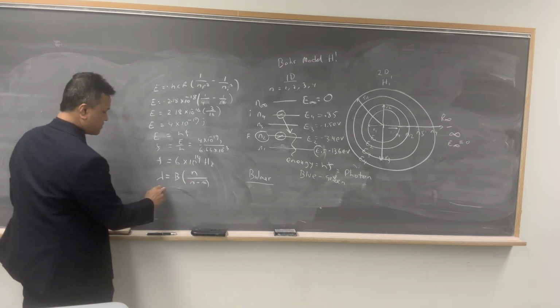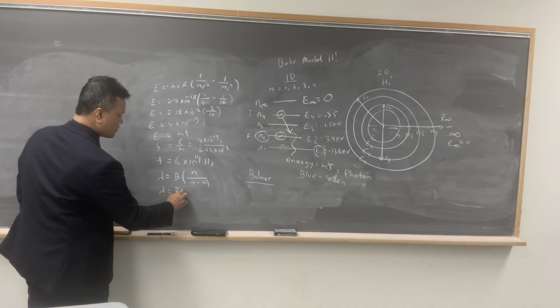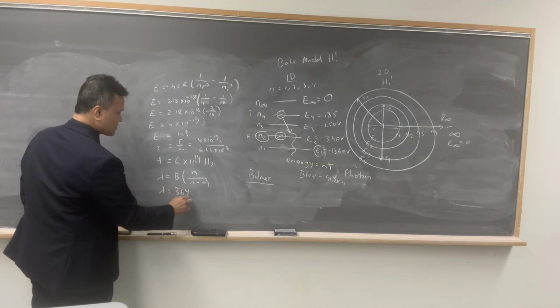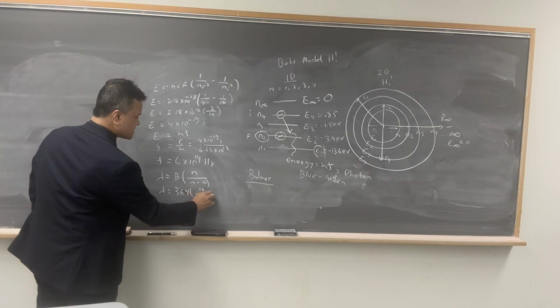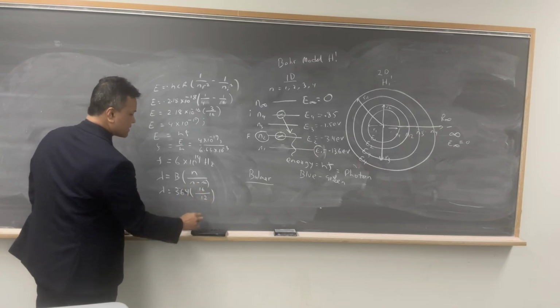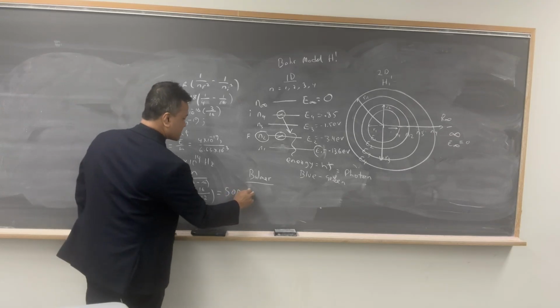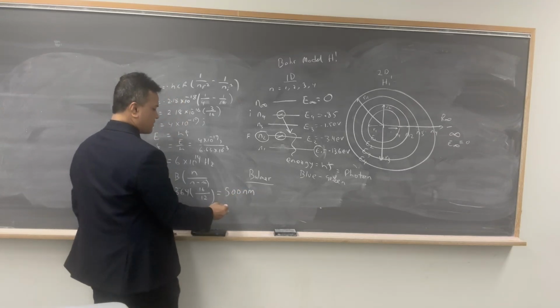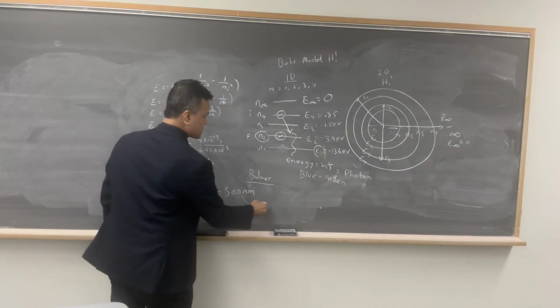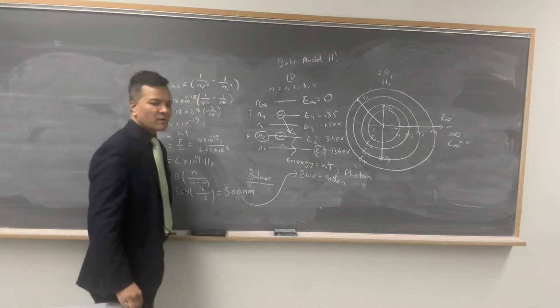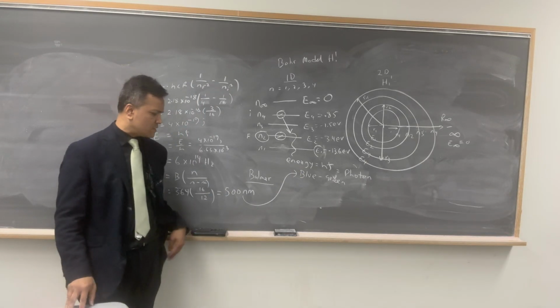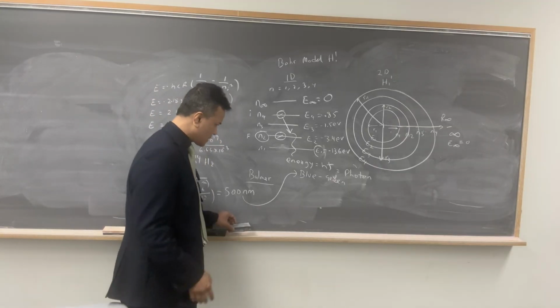What is B? B is 364.6. This is the Balmer equation. n is 16, and 16 minus 4 is 12. And this is also close to 400 or 500 nanometers. 500 nanometers is in the region of blue and green. I'm going to stop here because look, the size of my chalk, I don't even see it.